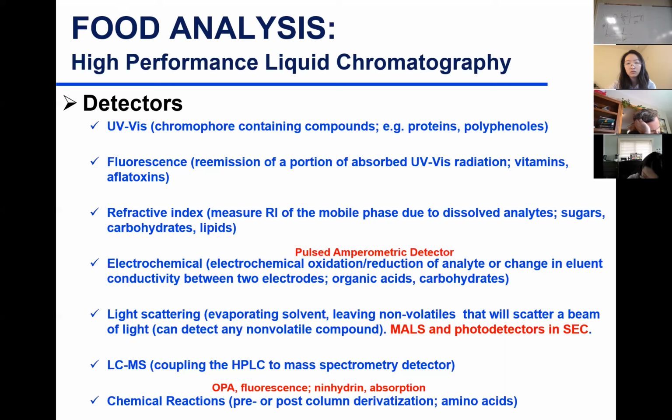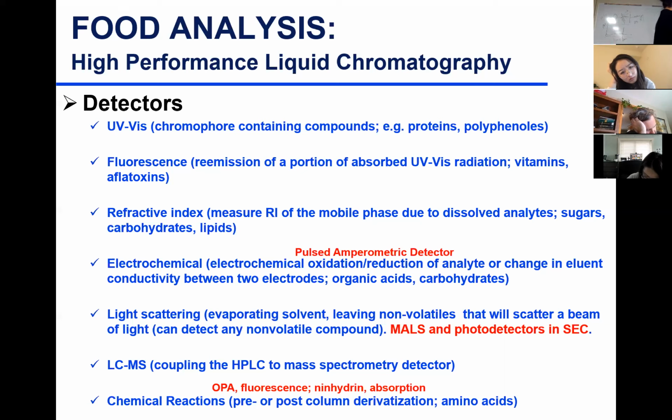It's actually measuring the change in the refractive index as your mobile phase is going through the detector. So you have your mobile phase, you don't have any component, and it has a constant refractive index measurement. As a component comes out, the refractive index is going to change, and it's going to change relative to the concentration.